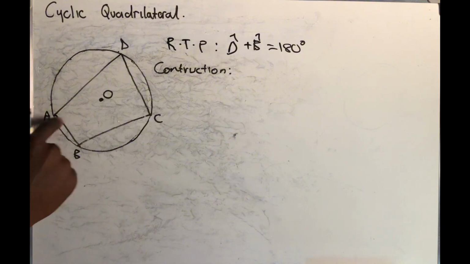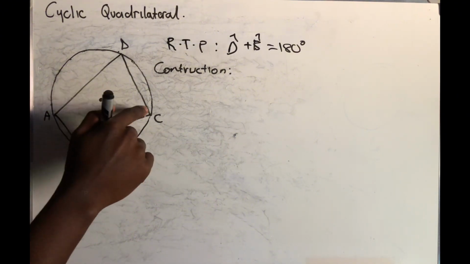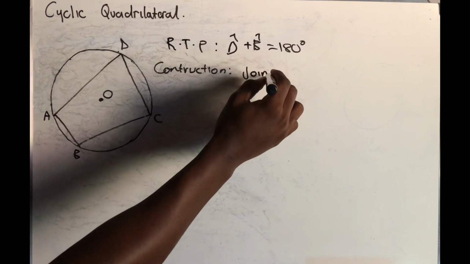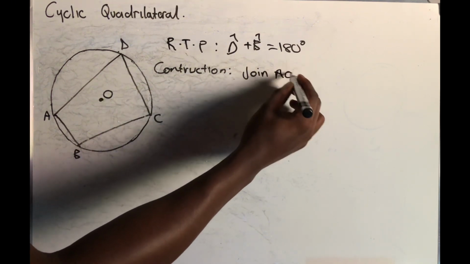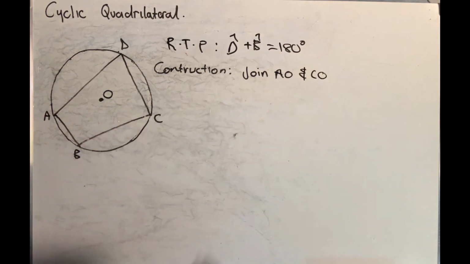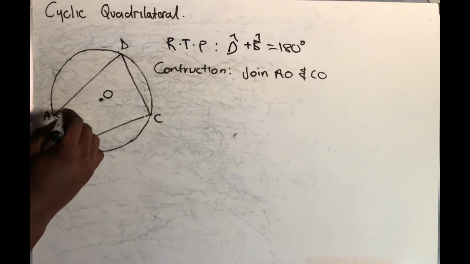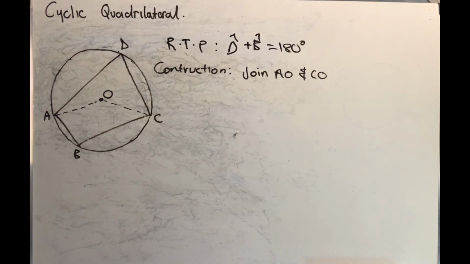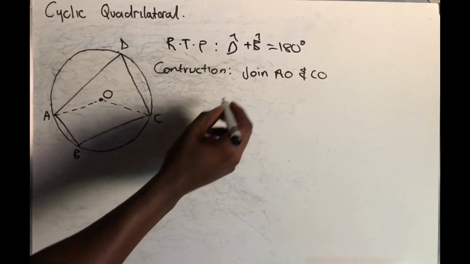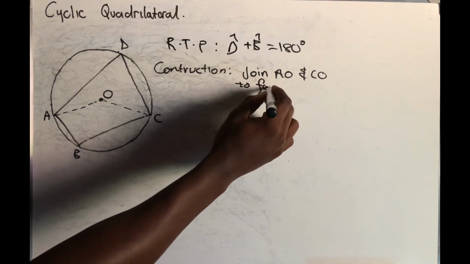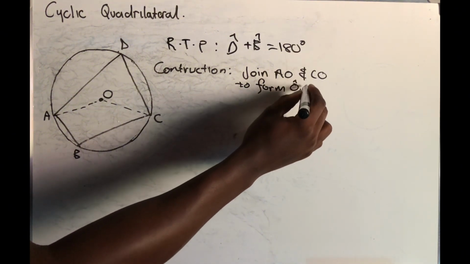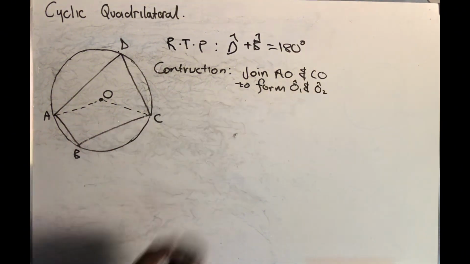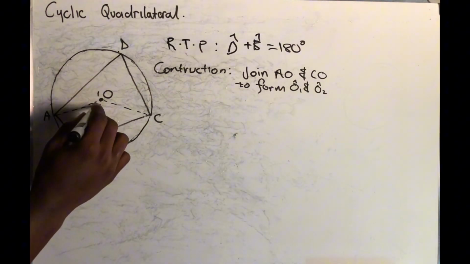We join AO and CO. So now we have joined AO and CO, to form angle O1 and angle O2. So we have O1 and O2.